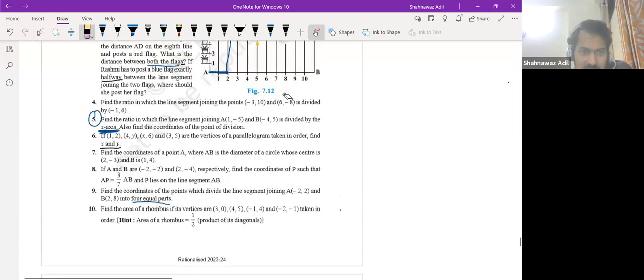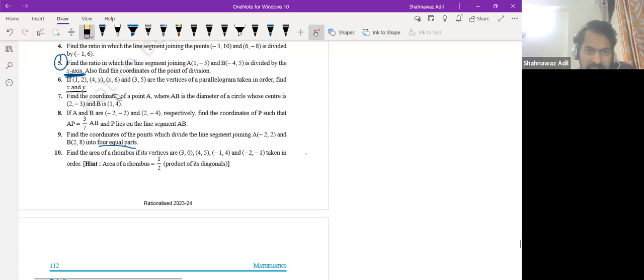Question number 6: these are the vertices of a parallelogram taken in order, find x and y.